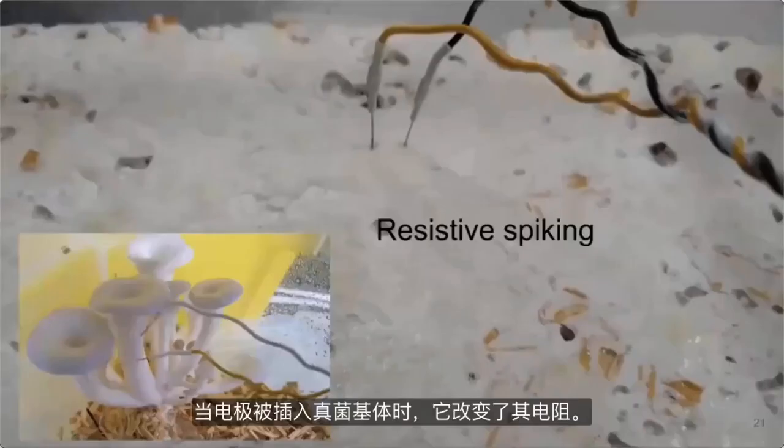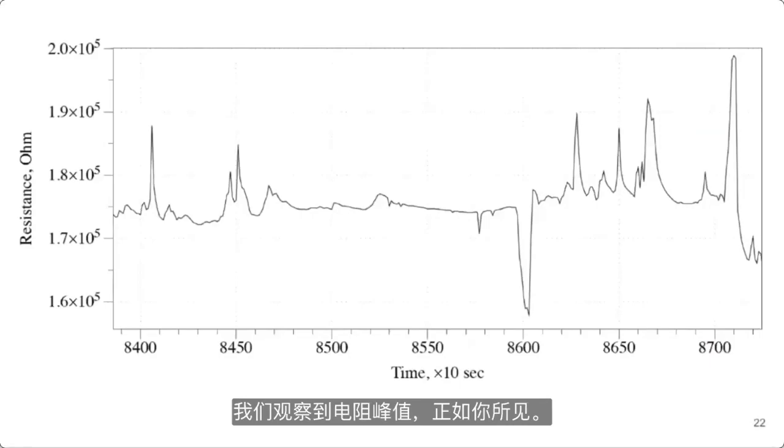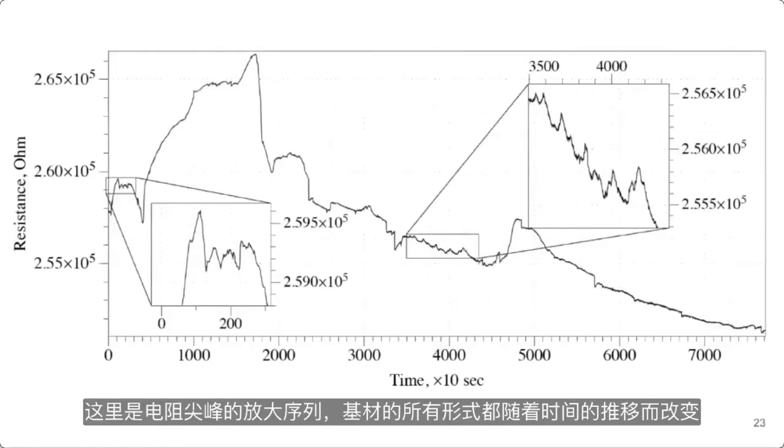When we insert electrodes in the substrate and change its resistance, we observe resistive spiking. As you can see on the right of the plot, there is a train of resistive spikes, and here are the enlarged trains of resistive spikes.